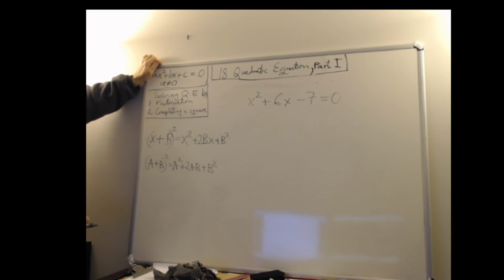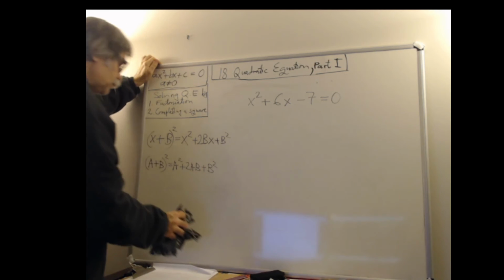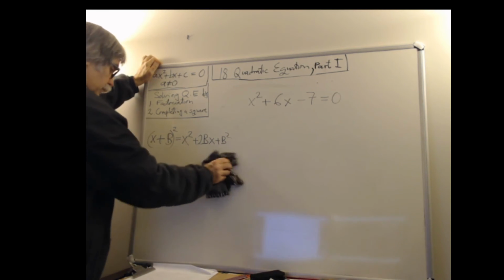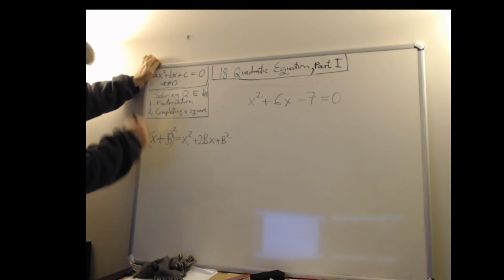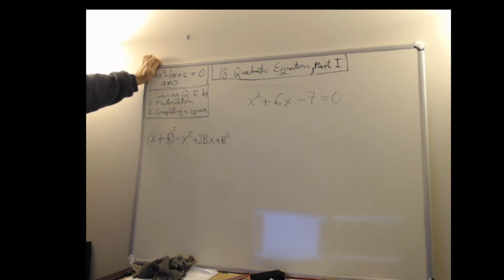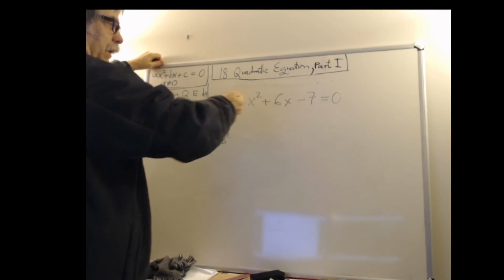The only difference now is that I'm calling the first term x as opposed to a, because that's what I'm going to use here. So that's what you need. This is a trinomial that is a perfect square. Okay? So that's what you need to make here.